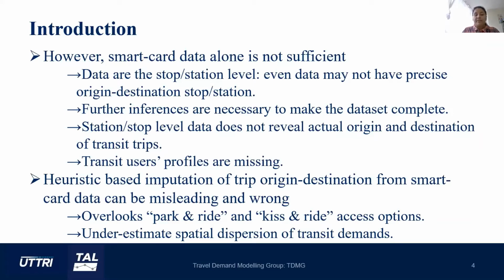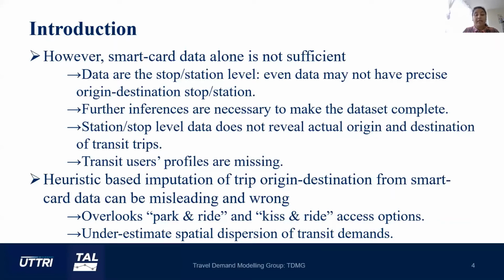Now, these missing pieces of information are vital for demand analysis, definitely. So there might be a tendency to use plain rules, like assuming the zones of access or egress stops as the origin and destination zones of the trips.